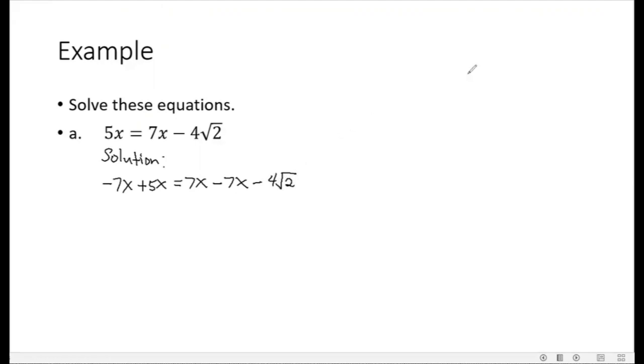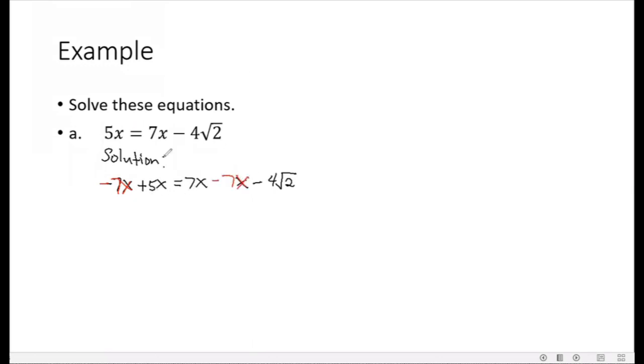So, gumamit tayo ng addition property of equality. Ang ginamit natin itong negative 7x sa left at negative 7x naman sa right.